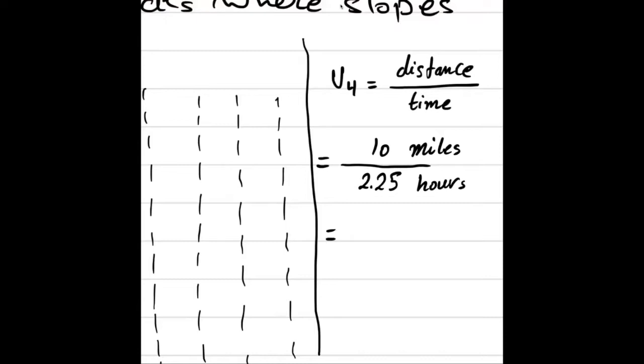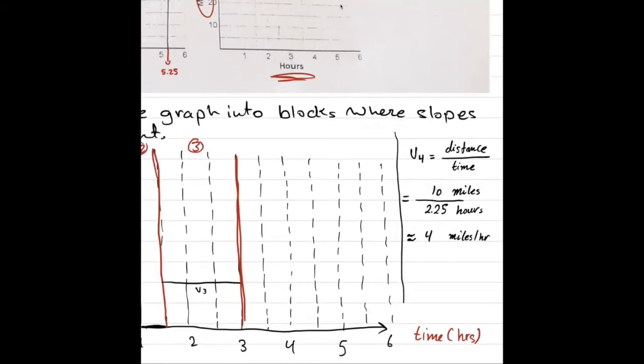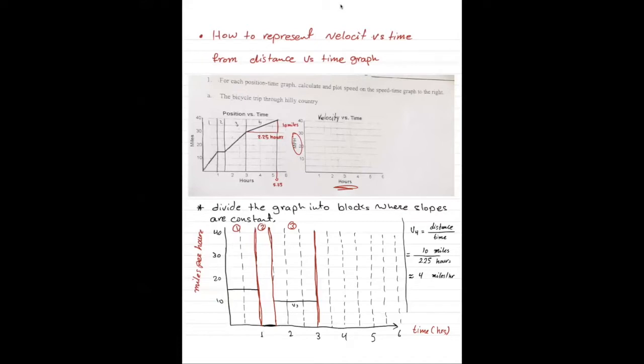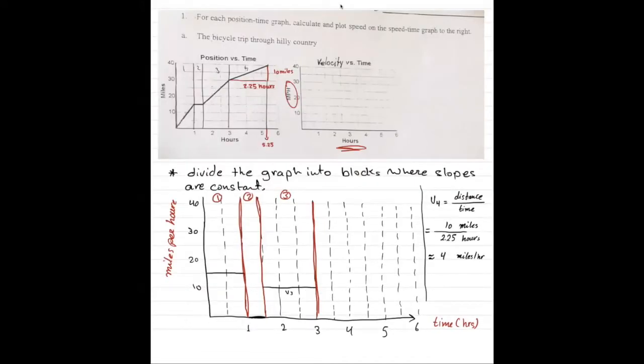And that should give us approximately 4 miles per hour. It's a little bit more, it's 4 point something, but since we're putting it on a graph, the accurate number doesn't matter as much as putting it on the correct position on the graph.